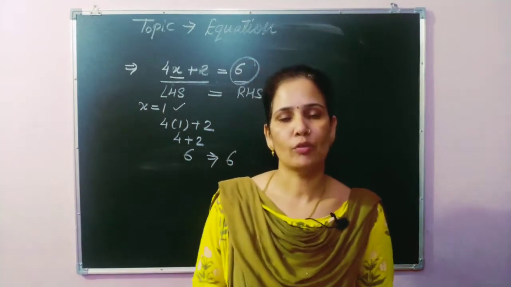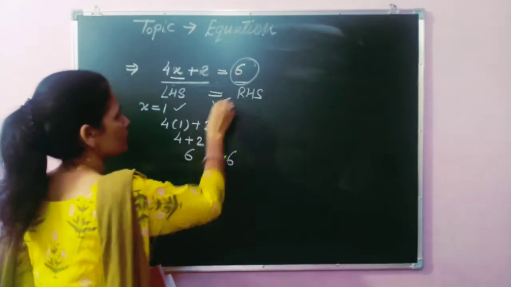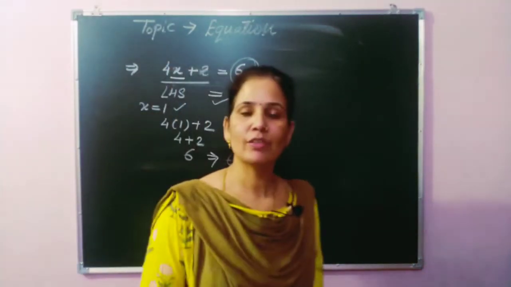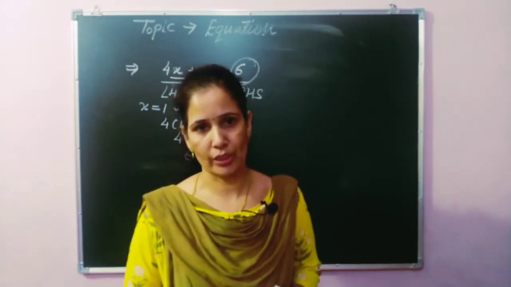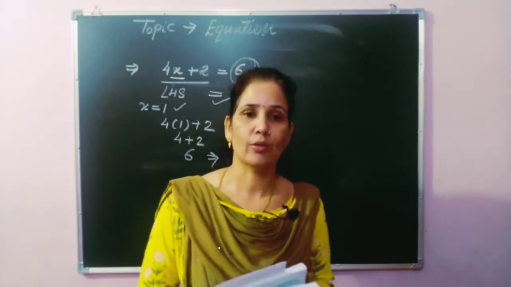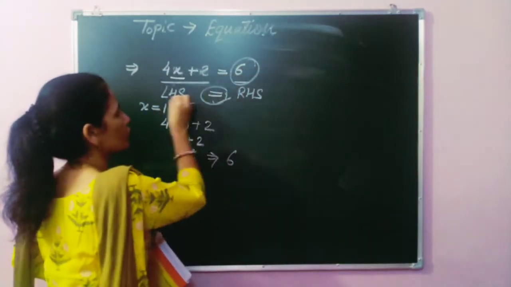Okay students, now how do we know whether a given statement is an equation or not? For that we have to observe two or three things. The first one, an equation is always balanced with an equal sign. If there is no equal sign between the two statements, that is not an equation. We can say it is an equation only when there is an equal sign between the two statements.